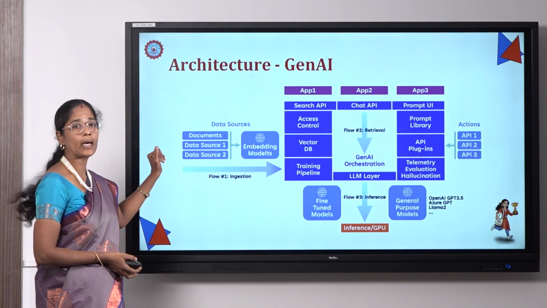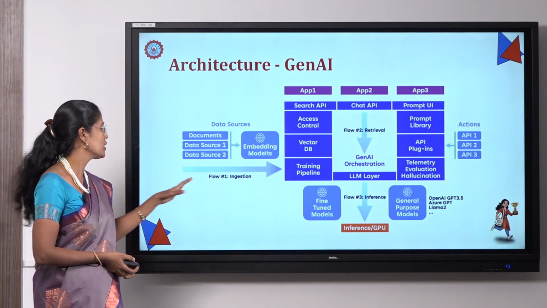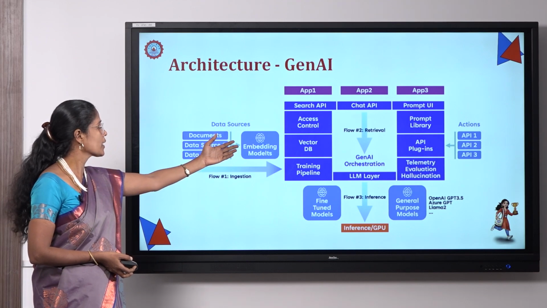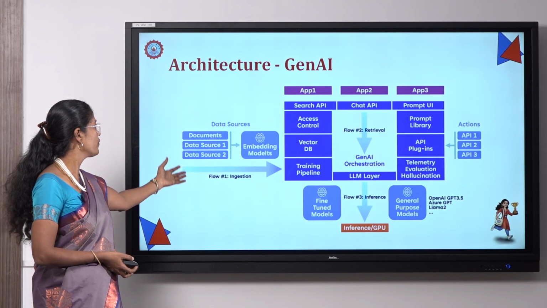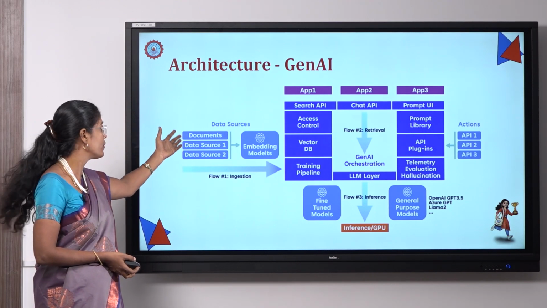Now, moving on to the architecture, to give an overall picture of what components are there, we think of this as a 3-phase model. First one is ingestion, second one is retrieval, third one is inference. At the ingestion phase, generative AI is collecting the data from various sources.